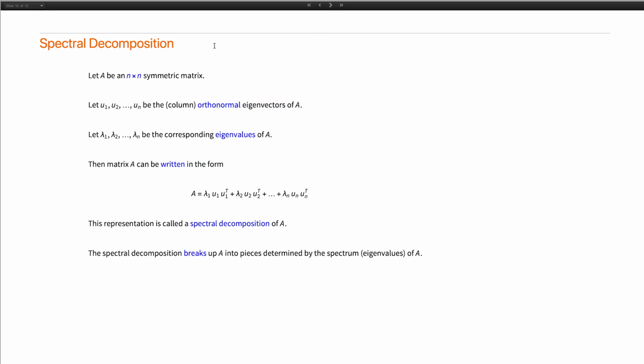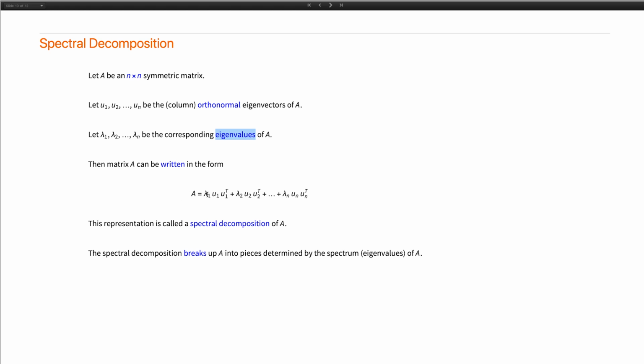And finally we come to the idea of spectral decomposition. So let's say you have an n by n symmetric matrix, and you have the orthonormal eigenvectors of this matrix and you have the eigenvalues of the matrix. Then the matrix can be decomposed, broken up into simpler parts.